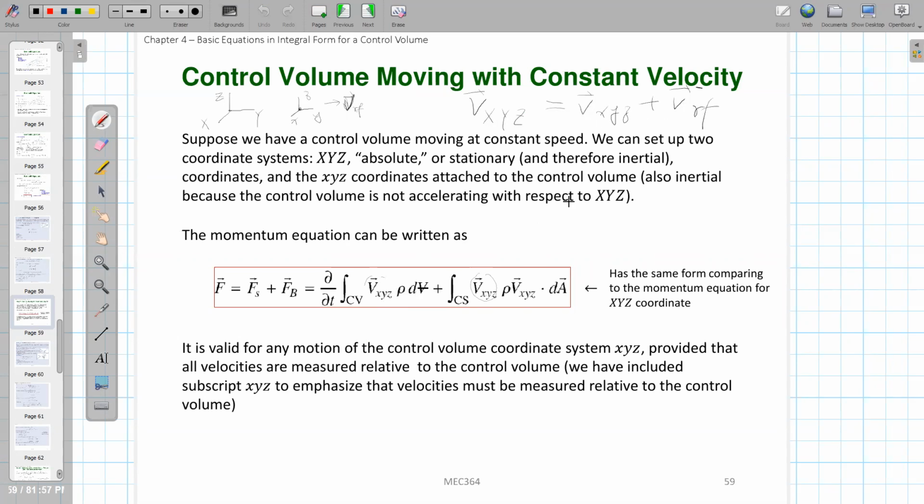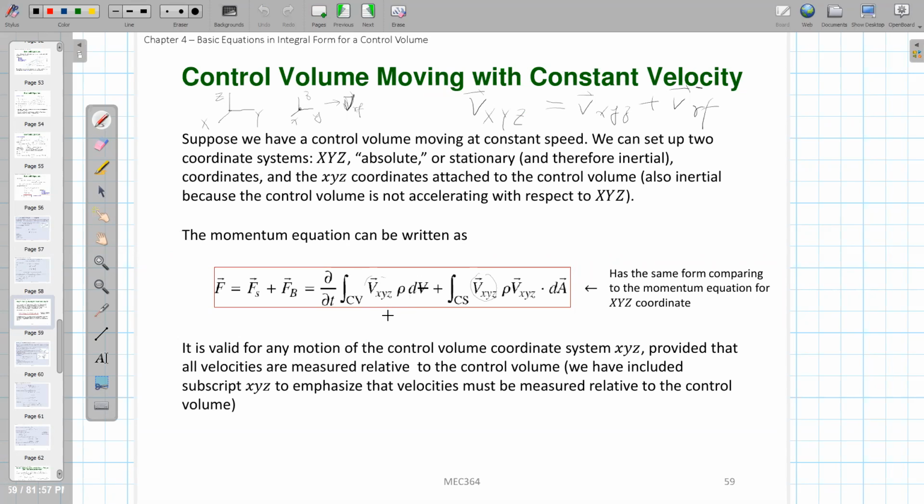And if you substitute this equation into the original momentum equation for the stationary reference frame, the final result will just equal this one.